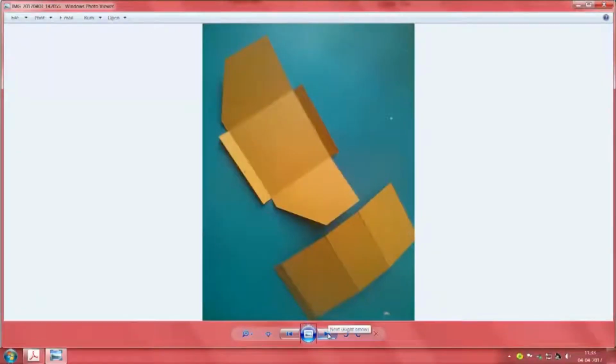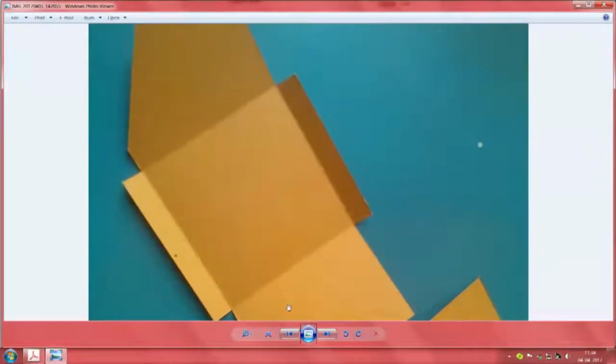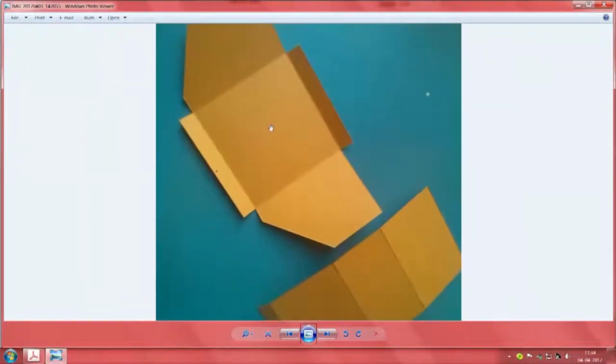So after the sheet has been cut out from there, a lot of care has been taken to ensure that cuts are taken perfectly, and then this one is the bottom portion, this is the top portion.